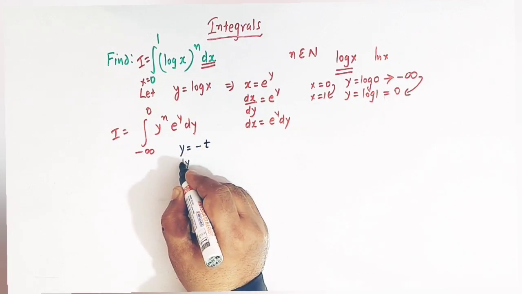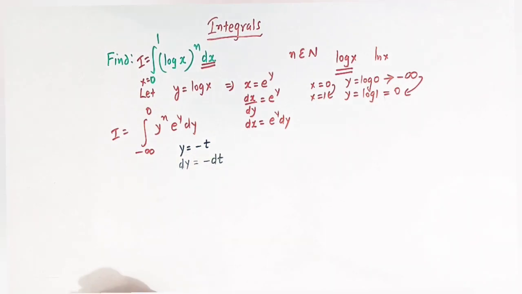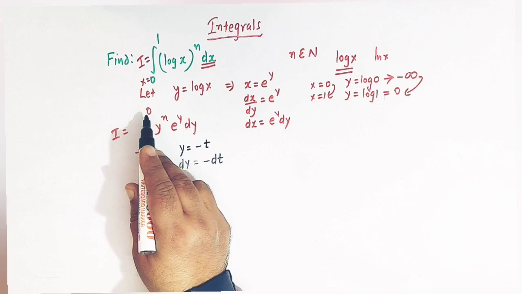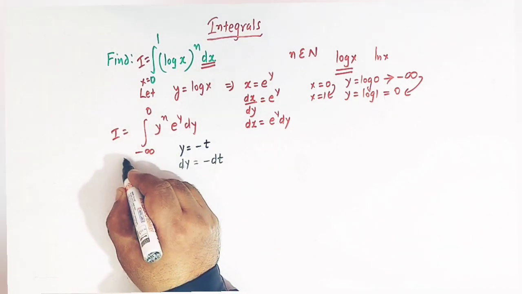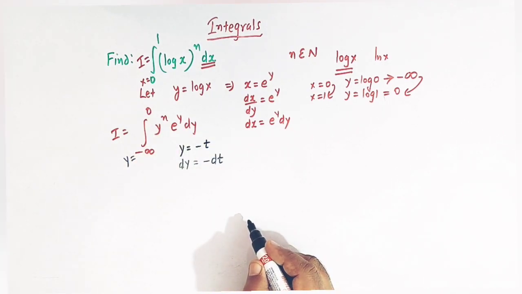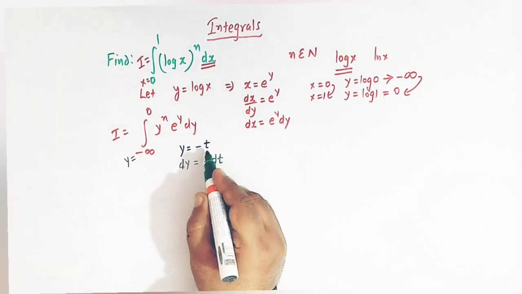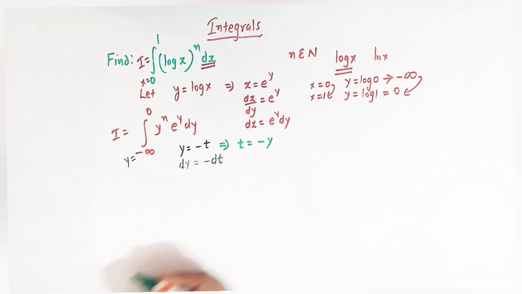So dy is equal to minus dt, right? And let us change the limits accordingly. Here y varies from minus infinity to 0. So now let us take t is equal to minus y.